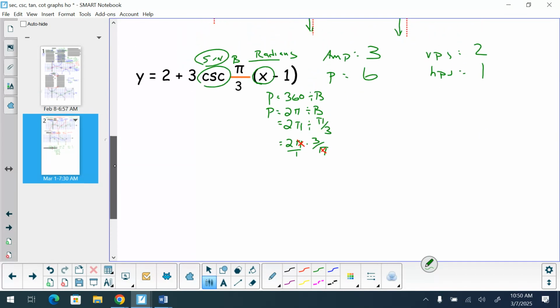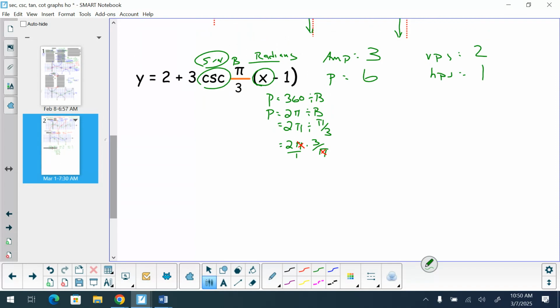Could you do, so you know how you said that you could do like 180 divided by 3, or just 360 divided by B? I did it in my calculator. When I did 180 divided by 3, I got 60. You can do that.